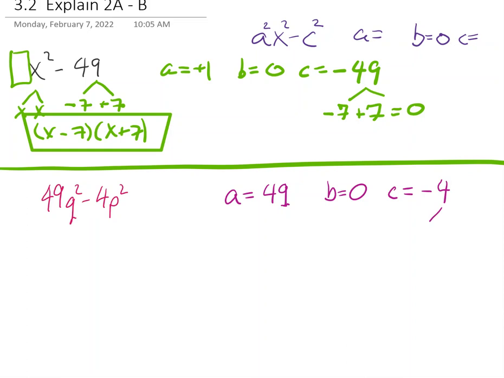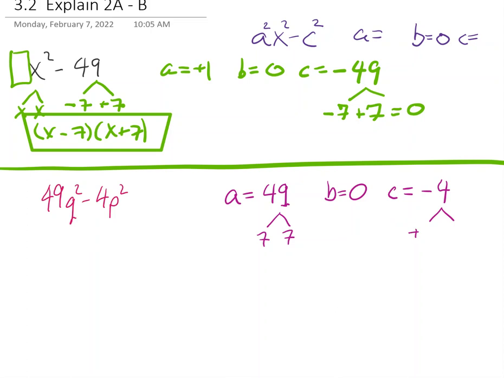All right, so here we go. Let's see. I know that the only way I can make 49 to combine to give me 0 would be 7 and 7. And the only way I could make negative 4 to combine together to give me 0 would be a positive, excuse me, I should have done the negative first.